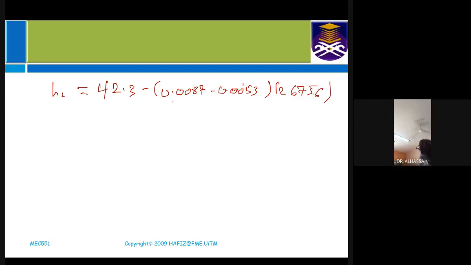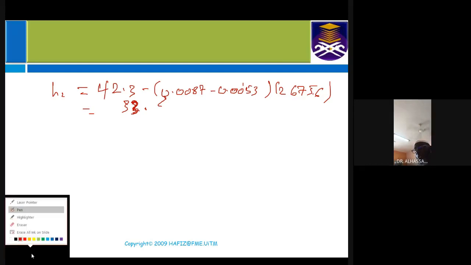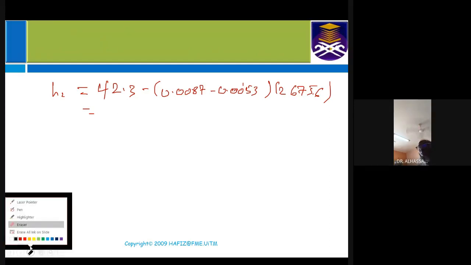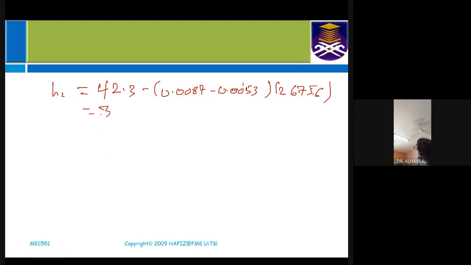So this gives me 33.2 kilojoules per kilogram.